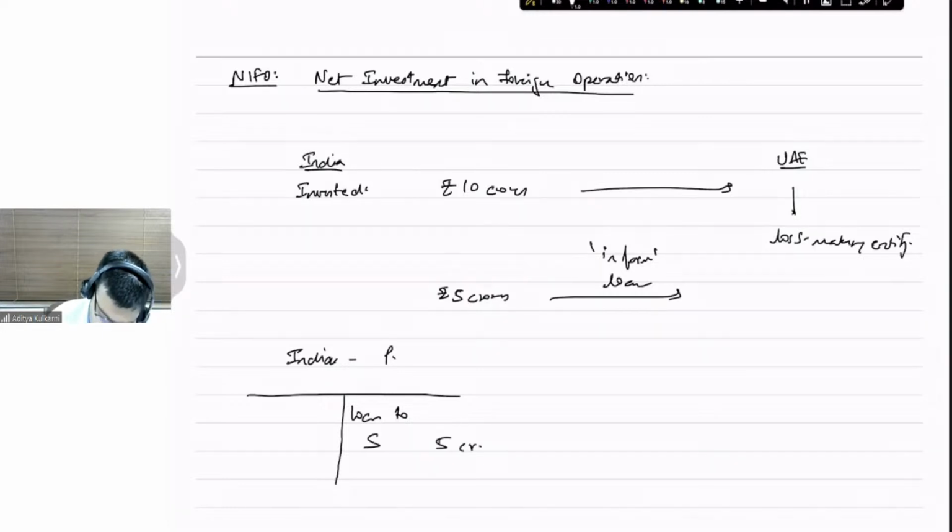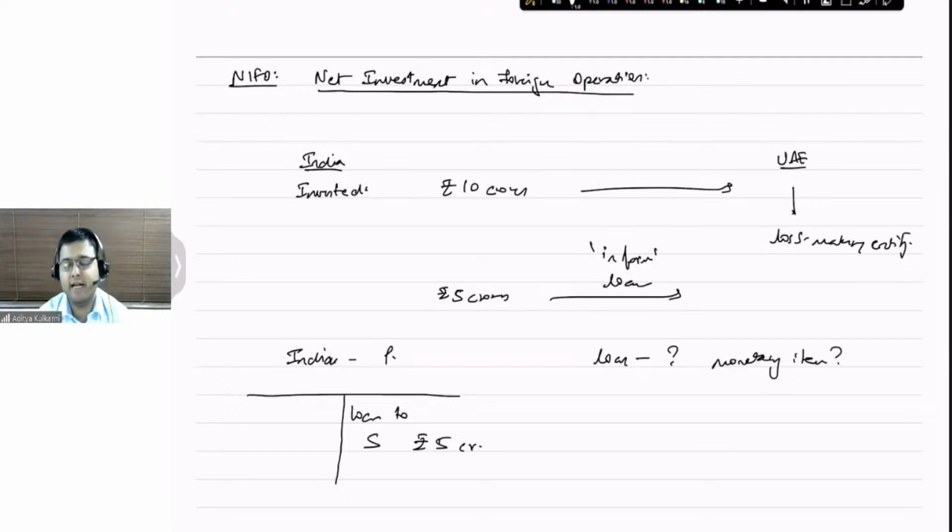My question to you is, is this a monetary item? Yes, it is a monetary item. If it is a monetary item, will there be a restatement that needs to be done? Yes, there will be a restatement that needs to be done.